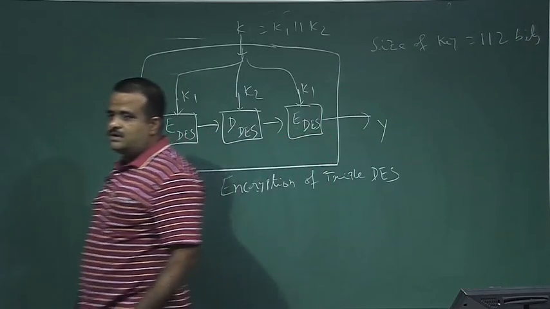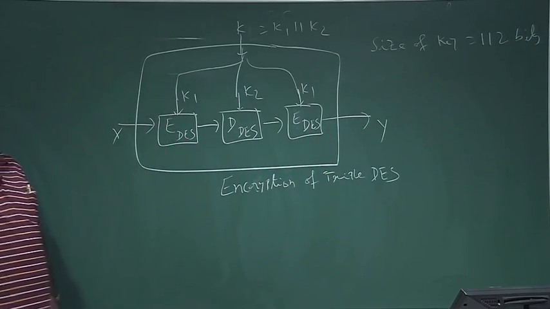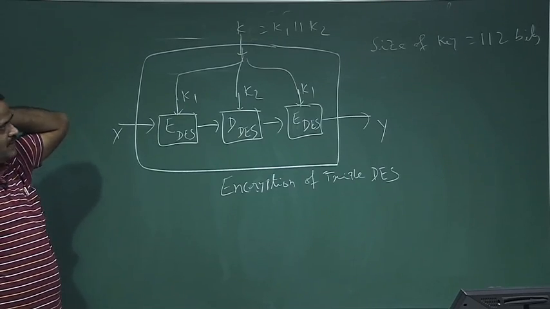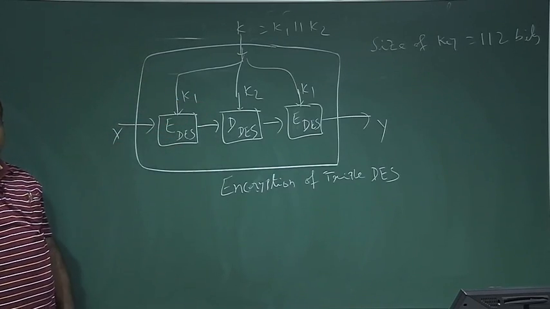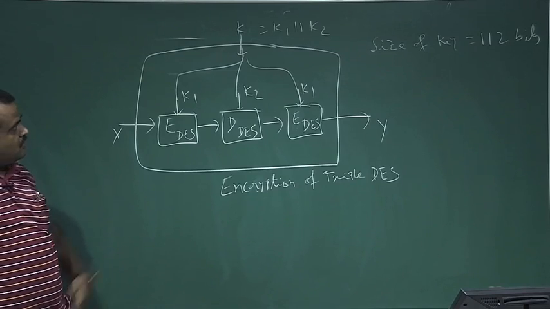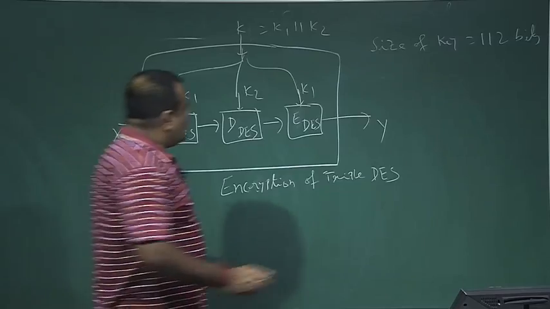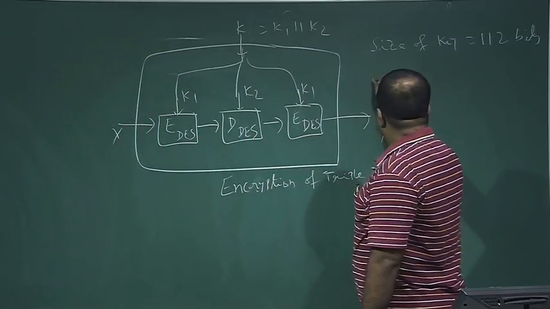So it is difficult to think of the exhaustive search attack even if we have many processors in parallel. Even the time memory trade off attack would not be possible for this. So now what is the number of rounds over here?